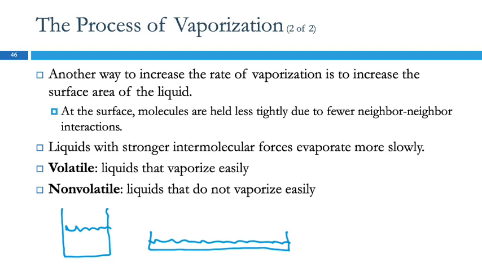And it feels really cold, and you know it was wet, but you look over there, it's already dry, because it evaporates so quickly. But if you have a liquid like vegetable oil, it just really doesn't evaporate, does it? It is definitely non-volatile. Any questions so far?